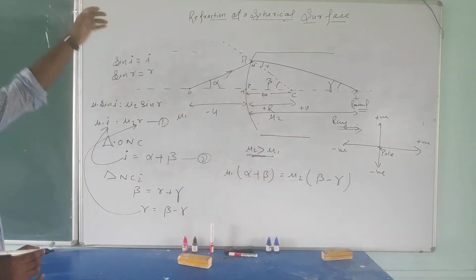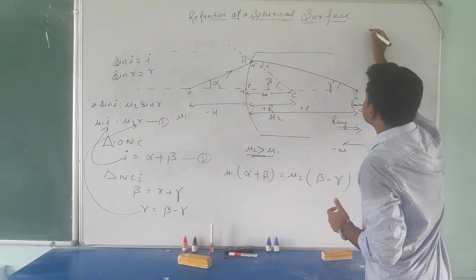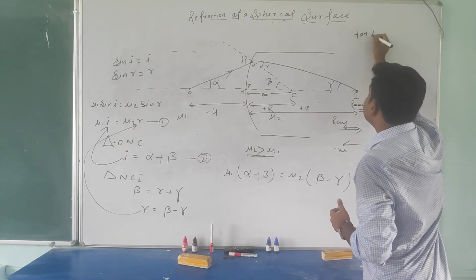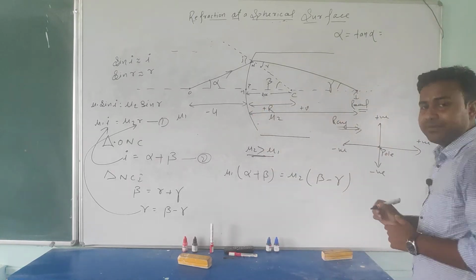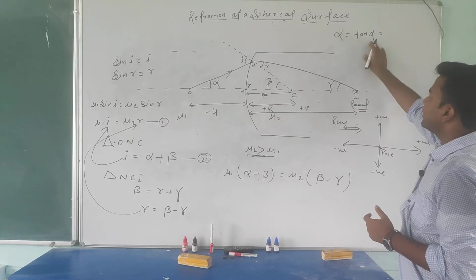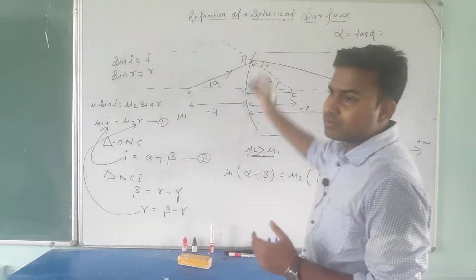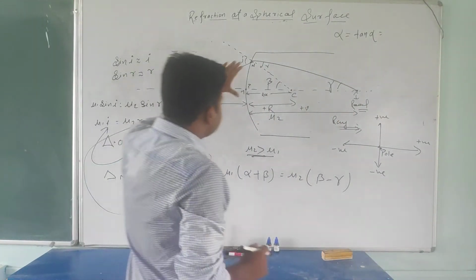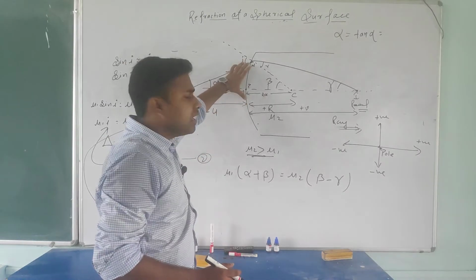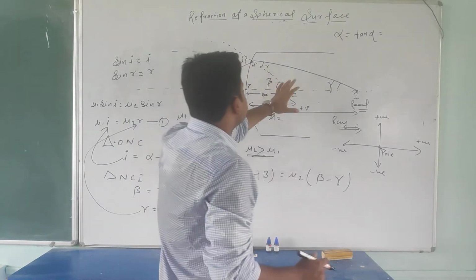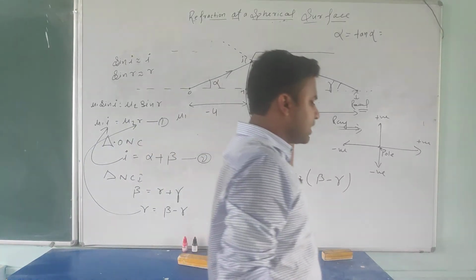Now here I am going to write a few relations. Look at this. Tell me student, tan alpha is equal to alpha, because angles are very small, that's why I am assuming here tan alpha is equal to alpha. Also here you have to assume that whatever we are doing is very near to this pole, because here I have to explain, that's why I am taking this much, but it's very near, rays are paraxial.